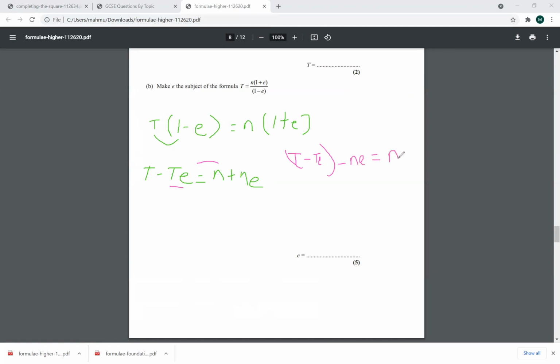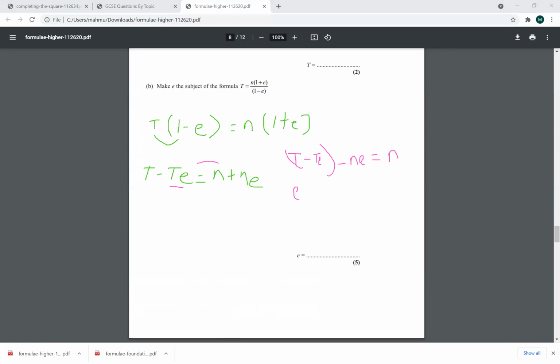Now I could put the e outside. Can I put the e outside? Yes, so I put the e outside. This e should cancel out this e though. No, you can't cancel it out.